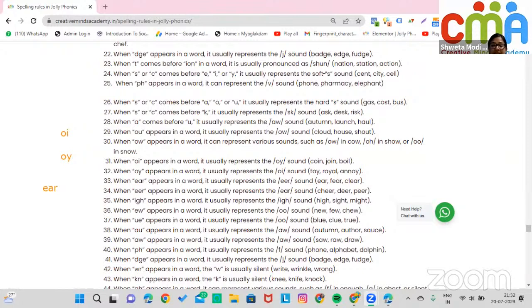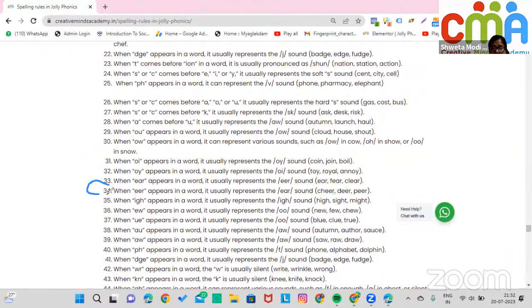So we will tell them that they are alternatives. The ear sound can come from EAR also, and from double E R also. Can you write some examples of ear words in the chat box? More examples I want.